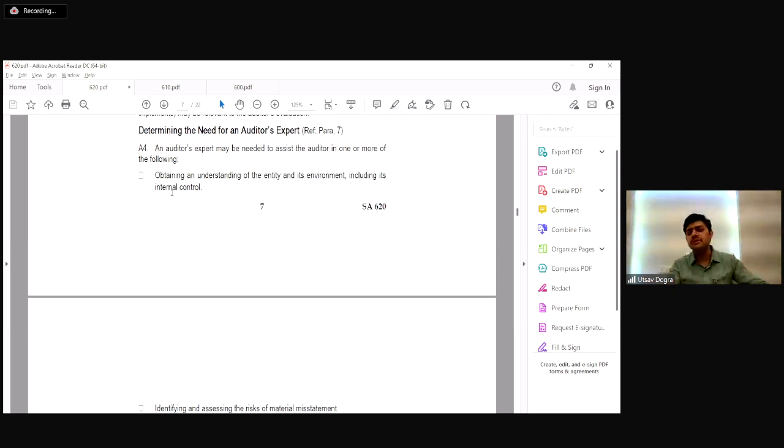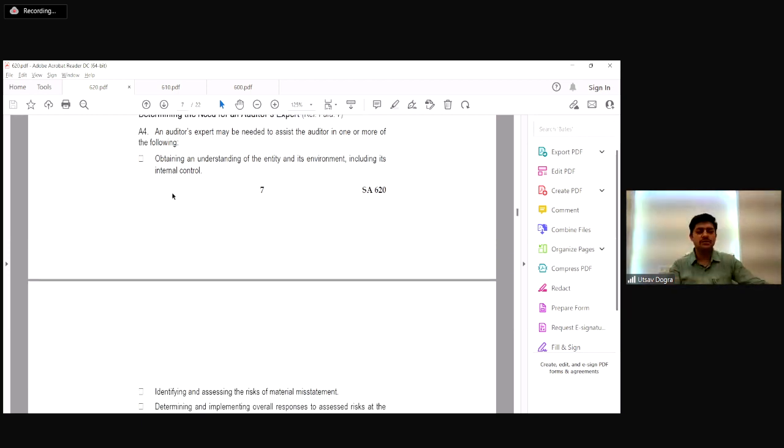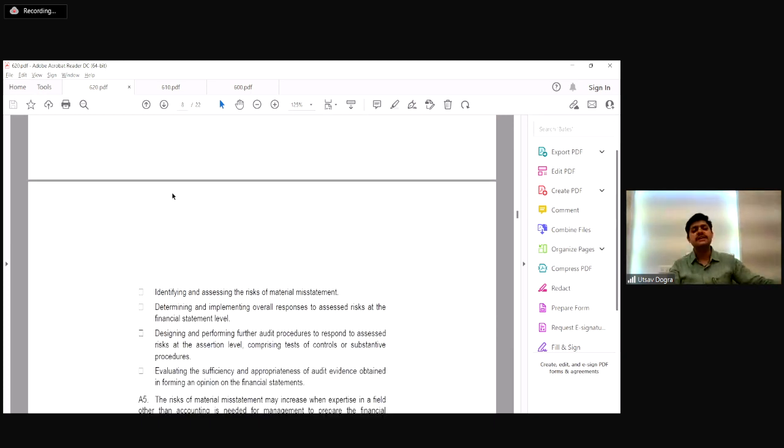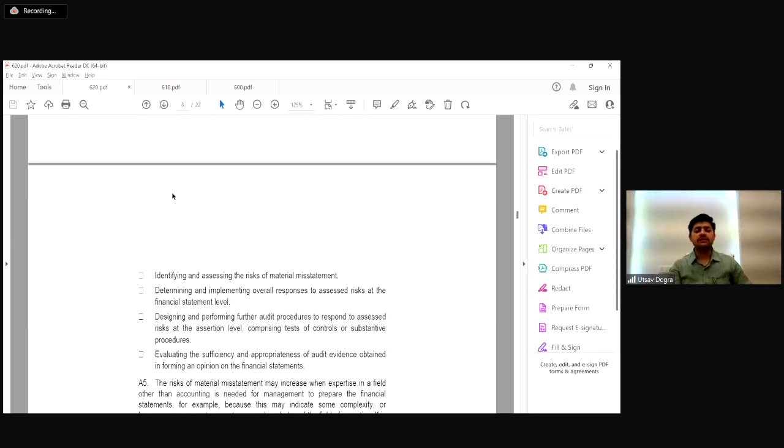So an auditor's expert may be required by the auditor. Why would they be required? The auditor may be required to obtain an understanding of the entity, its environment and its internal control, to identify and assess the risk of material misstatement, determine and implement overall responses, then design and perform further audit procedures to respond to the risk, if the auditor feels that a risk exists.